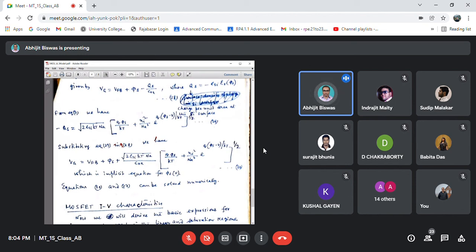Indrajit, are you conversant with writing MATLAB code? Sir, not very much. Basic. Okay, but you are learning now, there is a course in this semester. No, sir, I'm from VLSI design. But what about VLSI students? Have you learned this MATLAB code, how to solve these coupled equations? No, sir, not yet. Okay.